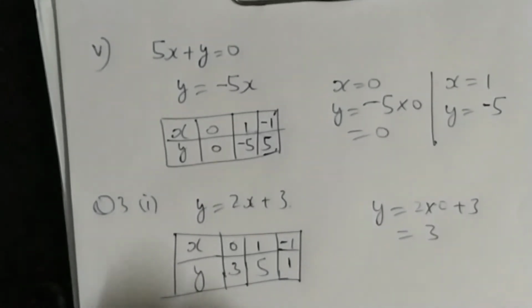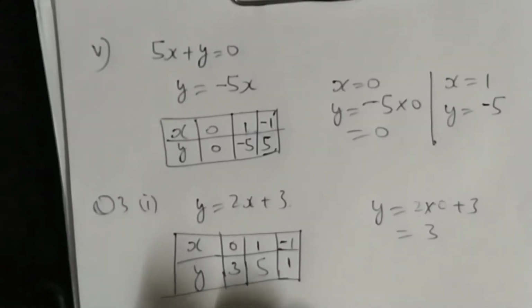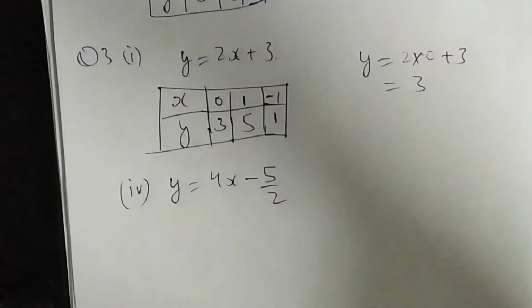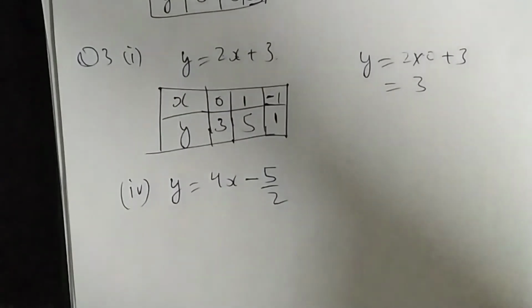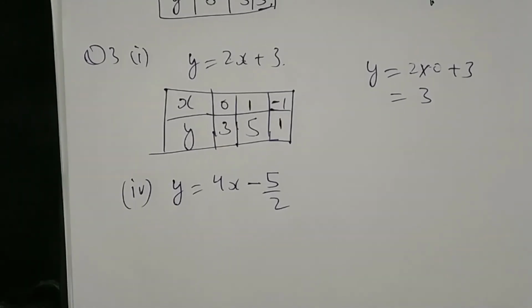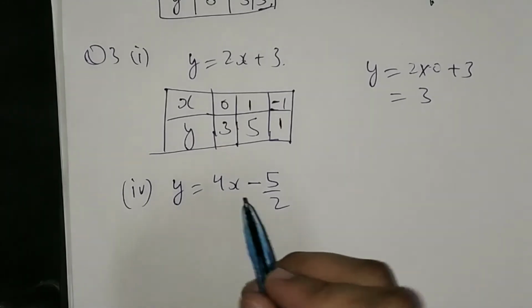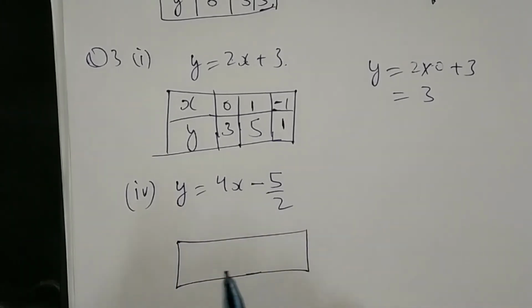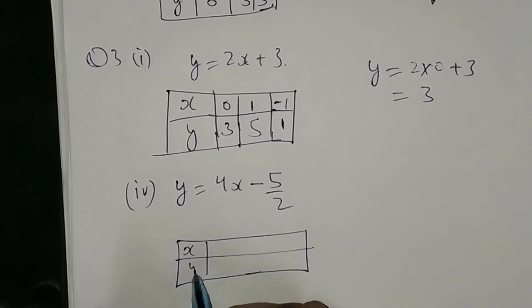Some more examples we will take. For example, question number four, fourth part. y is equal to 4x minus 5 by 2. So again make a table like this: x, y.